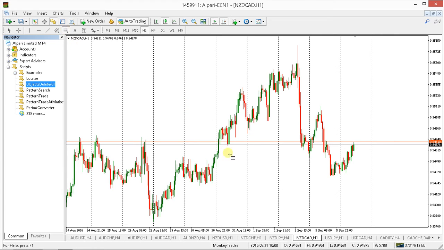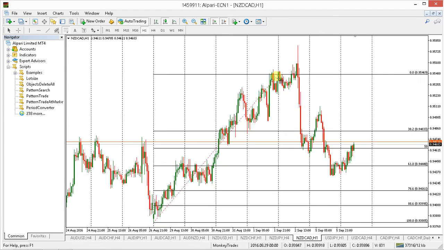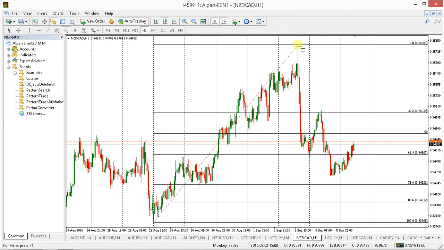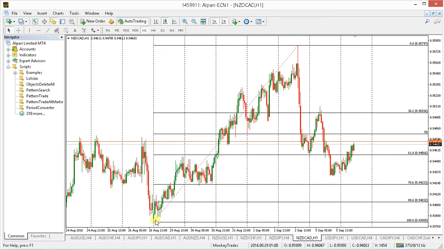So the beginning of this movement is called X. The end of this movement is called A. So this is the X to A leg, and I measure this leg with my Fibonacci tool. And what I need first is a retracement to at least 61.8% of XA. 0.618, golden mean ratio.